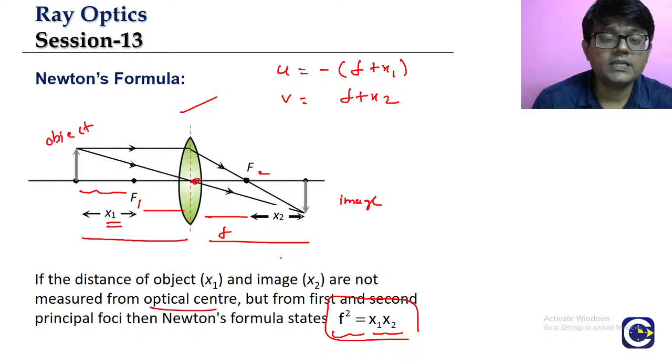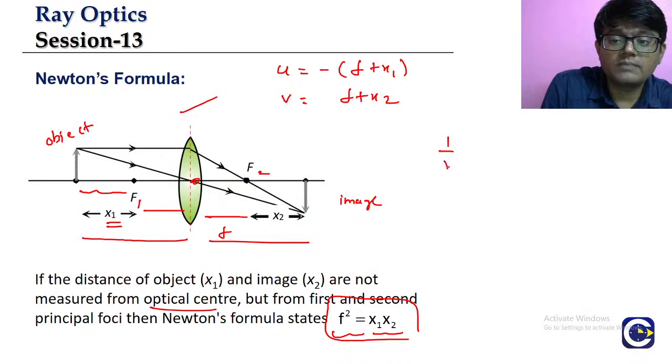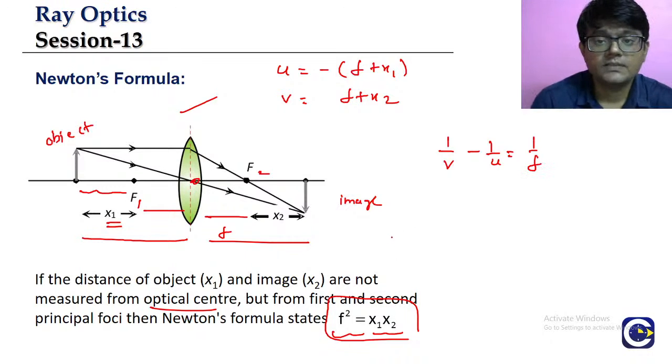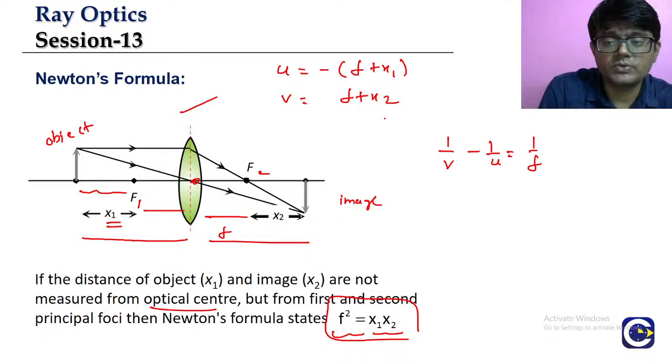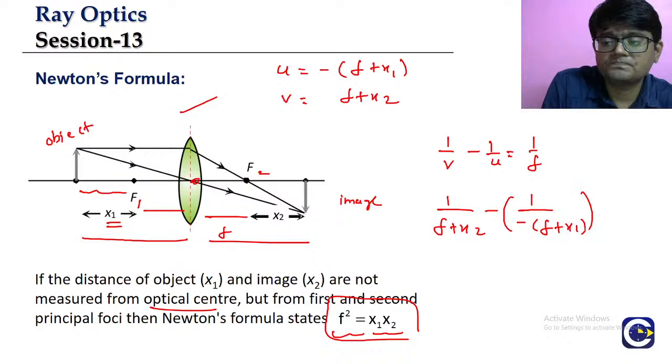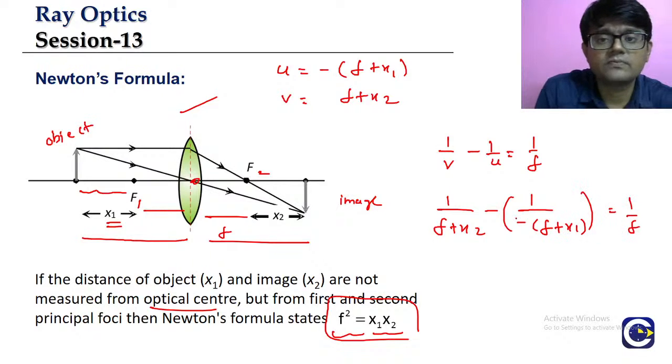Now we will go for the lens equation. What is the lens equation? 1 by v minus 1 by u is equal to 1 by f. So we'll just have to substitute them. What we'll have: 1 by f plus x2 minus of 1 by minus of f plus x1 is equal to 1 by f.